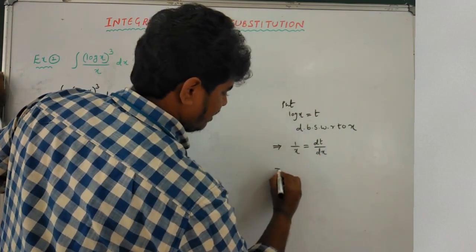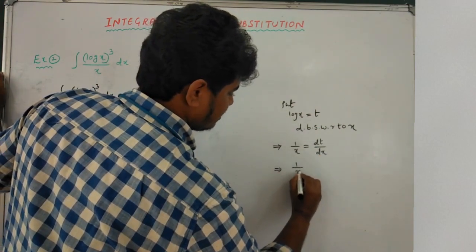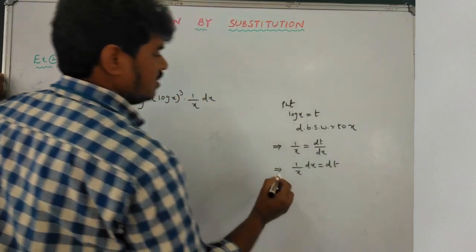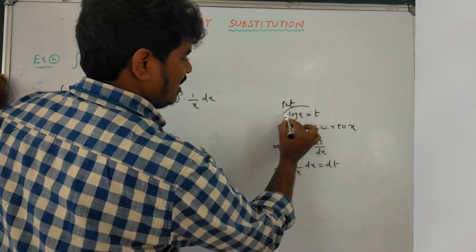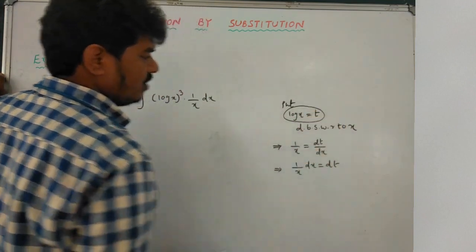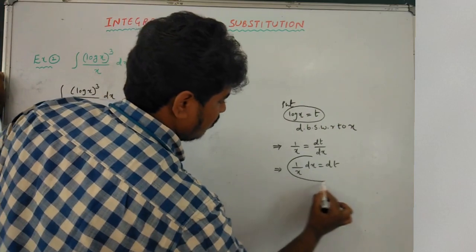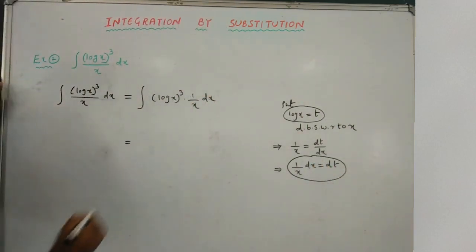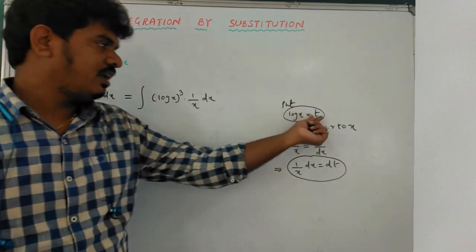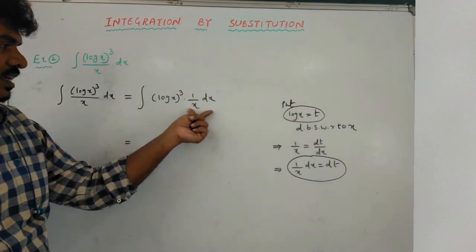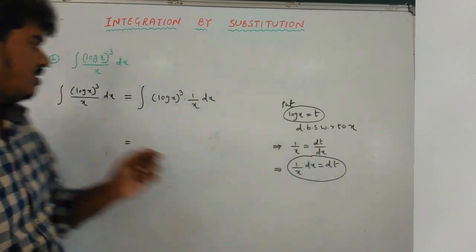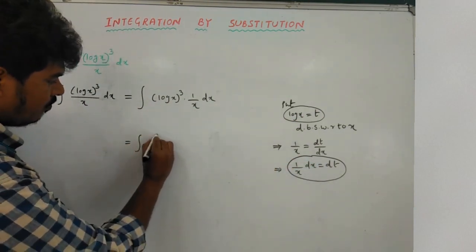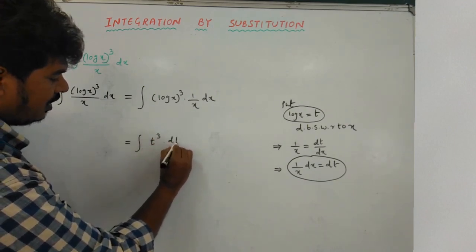Now I am writing it as 1 by x dx equals dt. Just observe, we can replace log x with t, and 1 by x dx with dt. So what? The integral of t cube into dt.